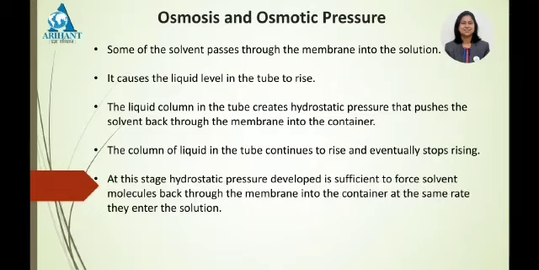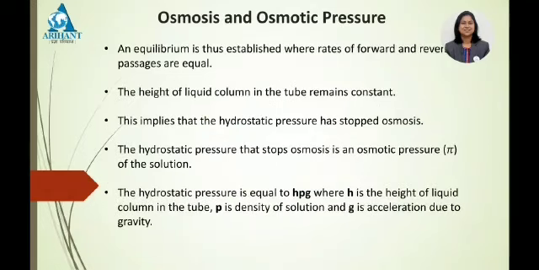At this stage, the hydrostatic pressure developed in the tube is sufficient to force the solvent molecules back through the membrane into the container at the same rate, and an equilibrium is established where the rates of forward and reverse passages are equal.